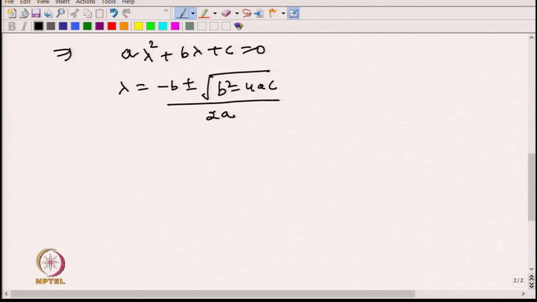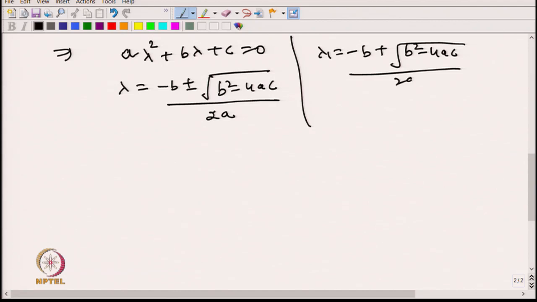In this case I always go for two roots. So, lambda 1 is minus b plus square root of b square minus 4ac by 2a, and lambda 2 is minus b minus square root of b square minus 4ac by 2a.